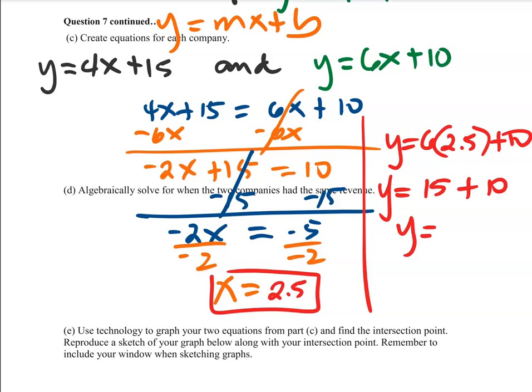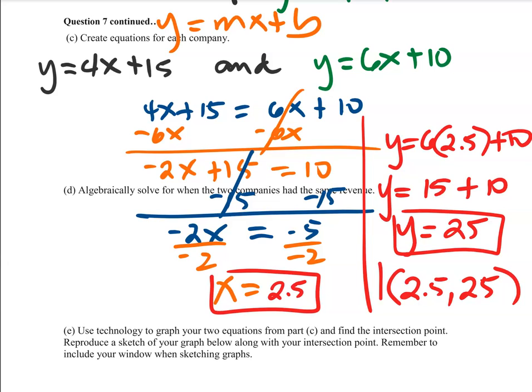So y equals 25. So here, meaning the point of intersection is at 2.5 and 25. So they have the same revenue after 2.5 years.